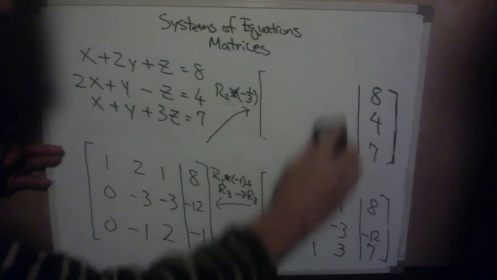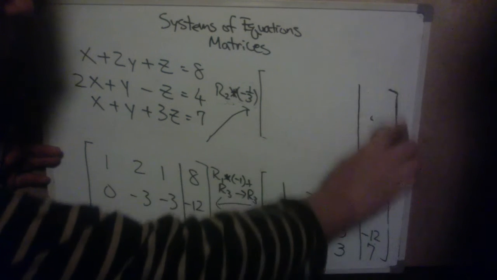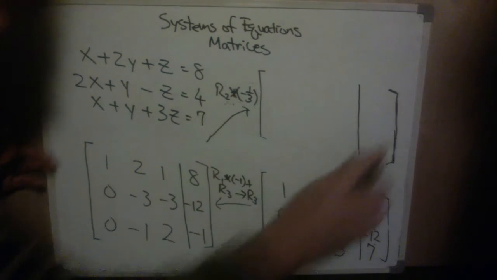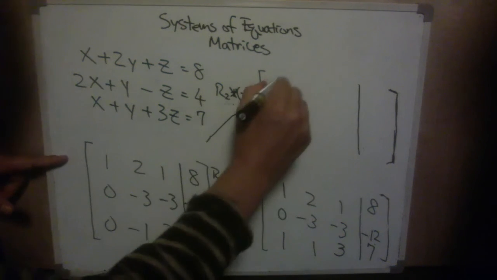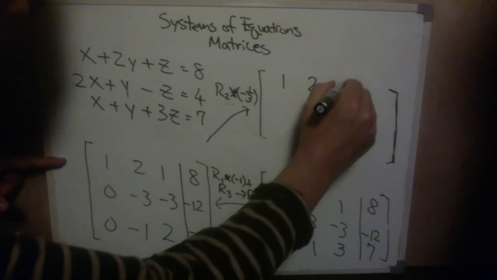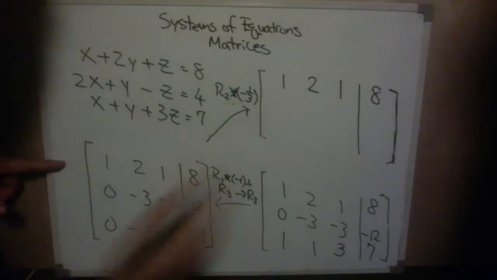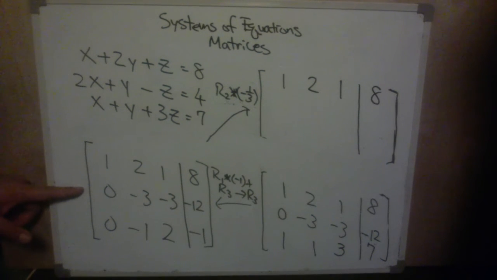So I'm going to erase this matrix. Row 1 stays the same: 1, 2, 1, 8. Row 2 gets multiplied by -1/3.